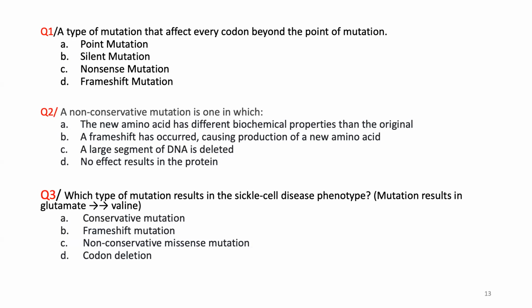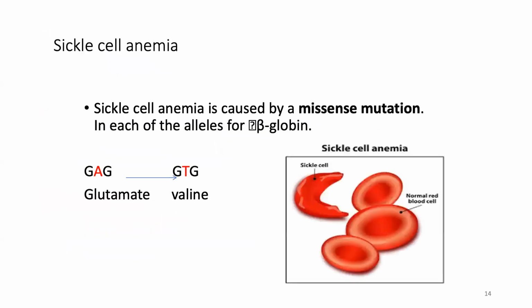Glutamate changed to valine, but it's non-conservative because there's a lot of differences between them, as we can see here. Even if we don't know the property of the amino acid, because of the significant change in the shape in sickle cell anemia, the chemical property of these two amino acids is totally different.